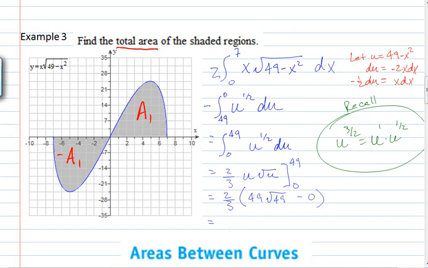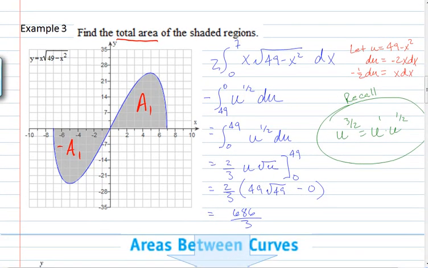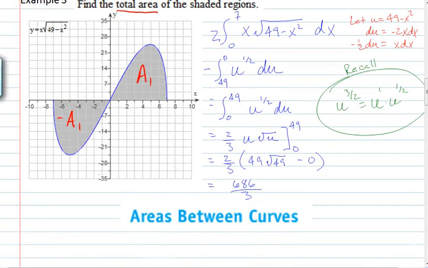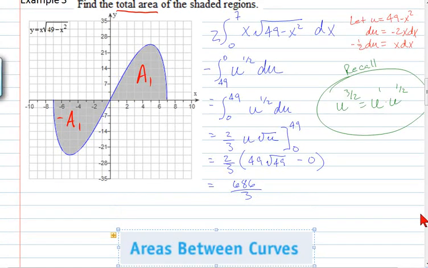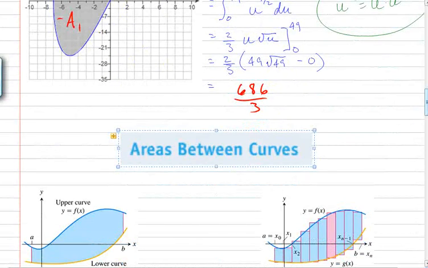Square root of 49 is 7, so what's 14 times 49? 686 over 3. Is that right? Any questions? Yeah, that's right. And remember, you can always check your work by plugging in the integrals.